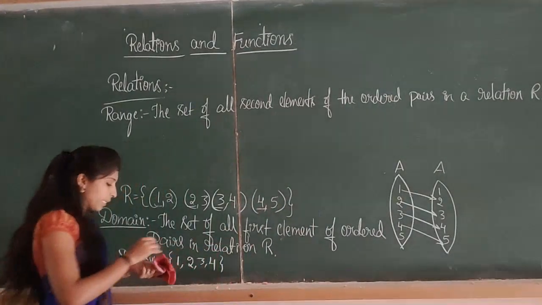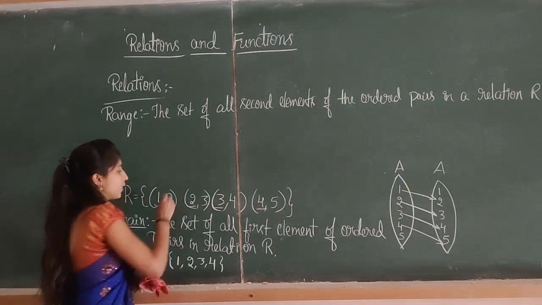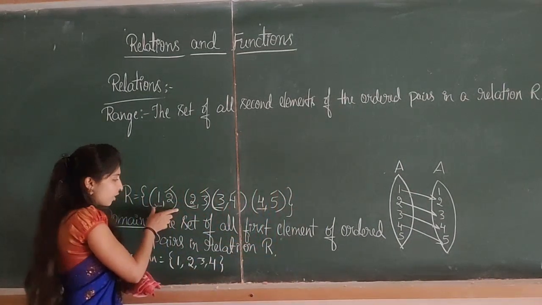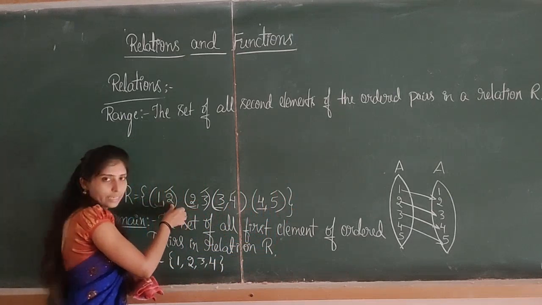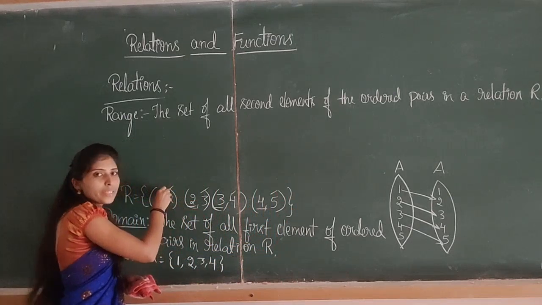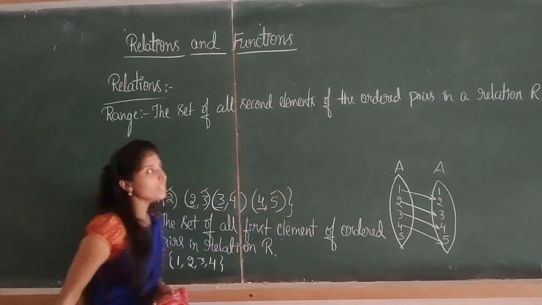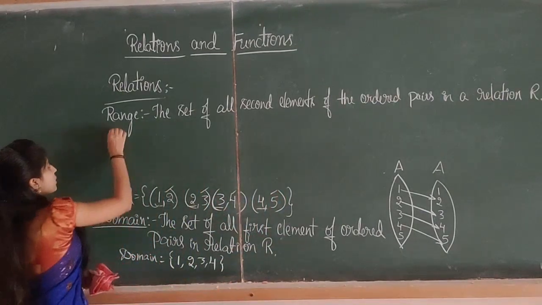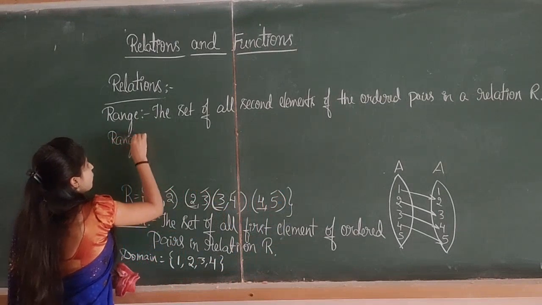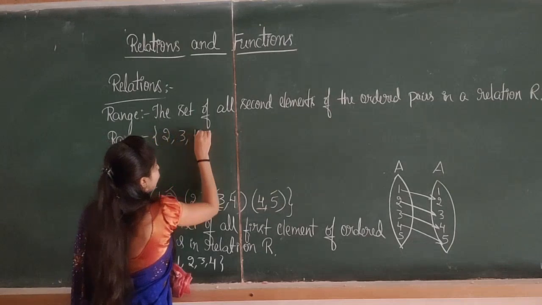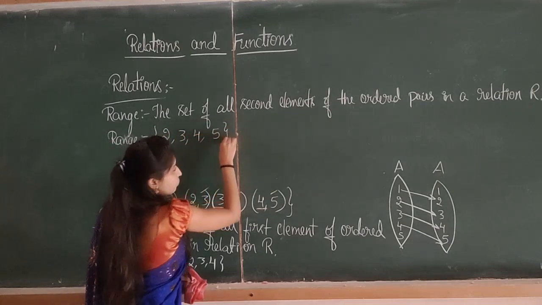Then the second elements of the ordered pairs in a relation, we call the range. Then the range is equal to 2, 3, 4 and 5.